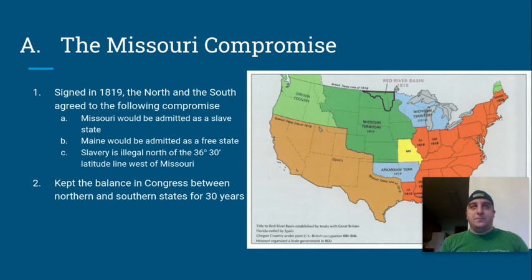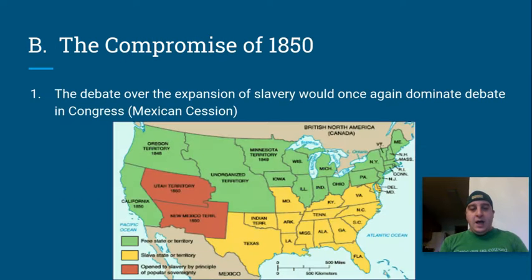What was going to happen to these territories might have been something they could debate at a later date, but at that point in time, both were okay with this compromise and accepted it. So prior to the Mexican-American War and all of this land becoming part of the United States, the slavery issue had been settled, and it lasted for about 30 years.